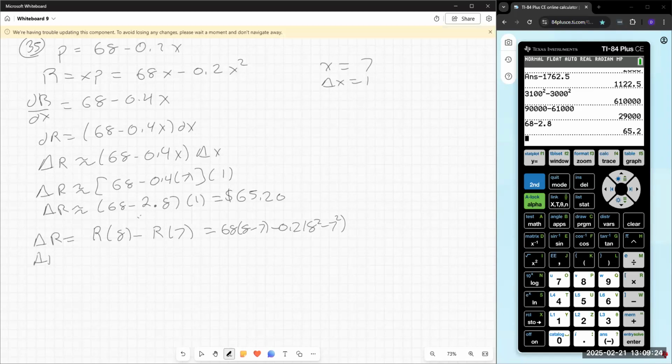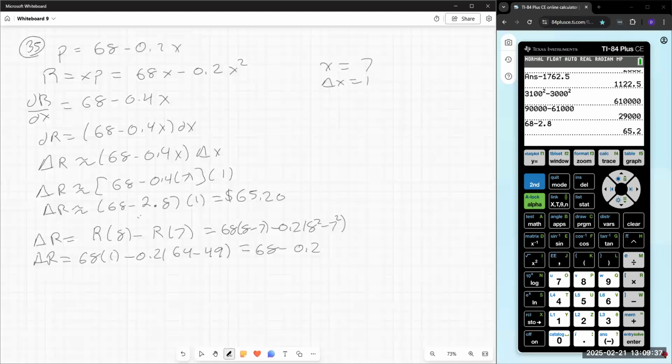So delta r is exactly 68 times 1 minus 0.2 times 64 minus 49, and 64 minus 49 is 15. So that is 68 minus 3, which is 65.00. A difference of 20 cents.